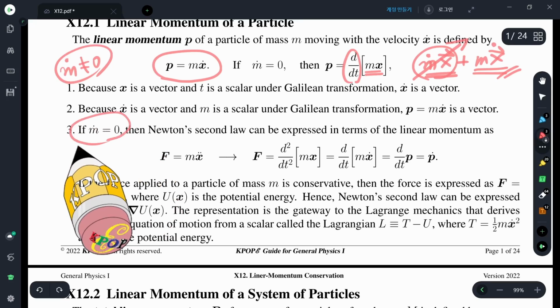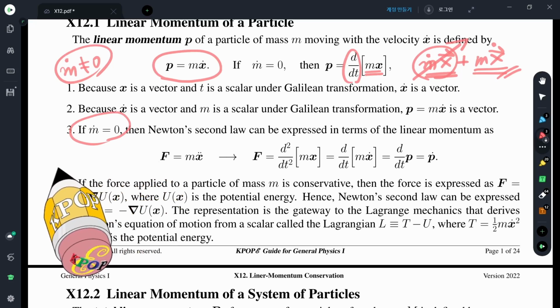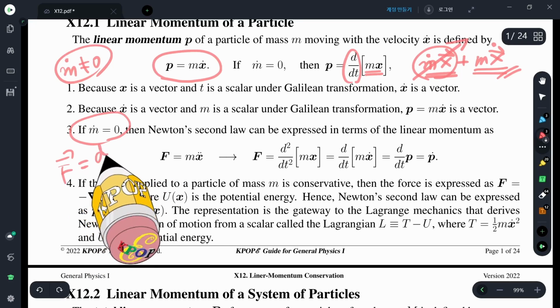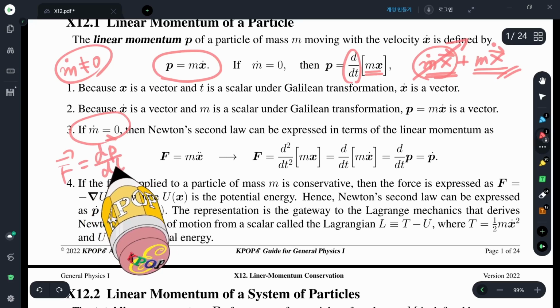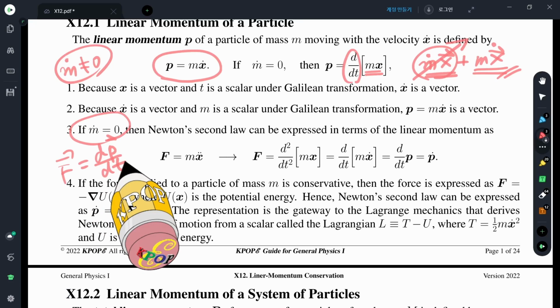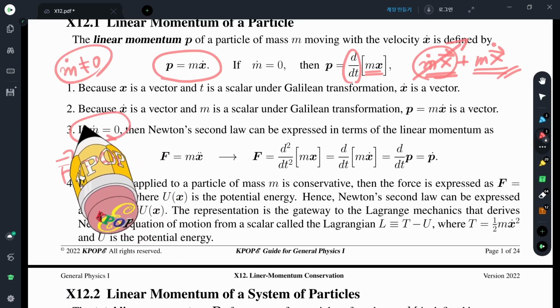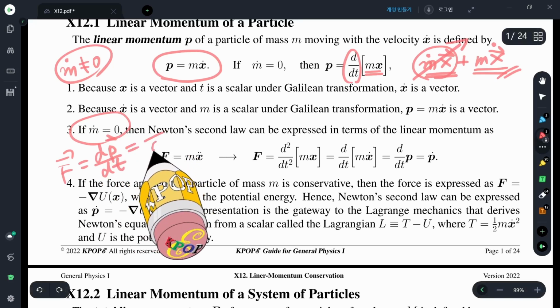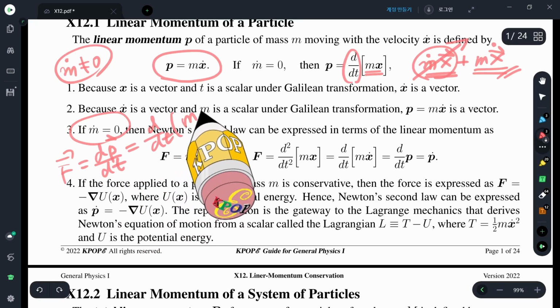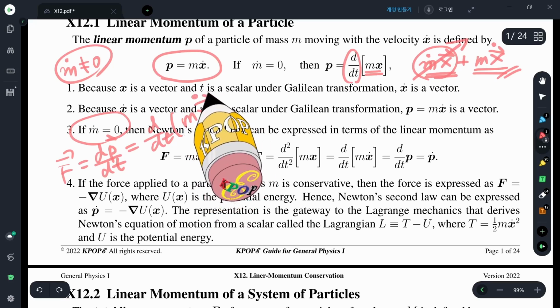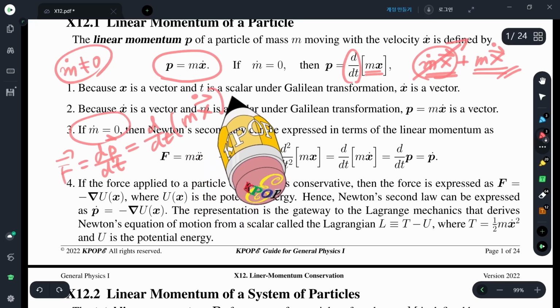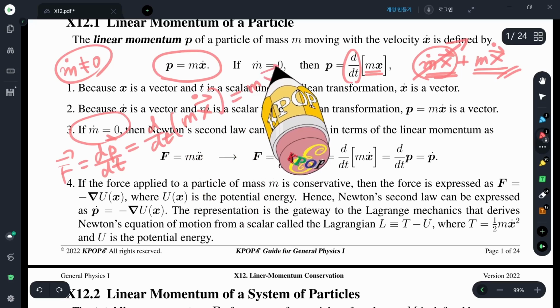If we consider m dot equals zero, then force is mass times acceleration. In relativity, you have to use the correct definition, the linear momentum's time derivative. But if we consider this case, the time derivative of mass times velocity, with m dot equals zero, gives m x double dot.